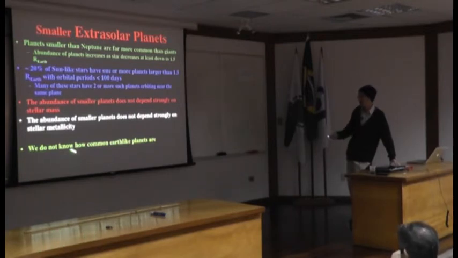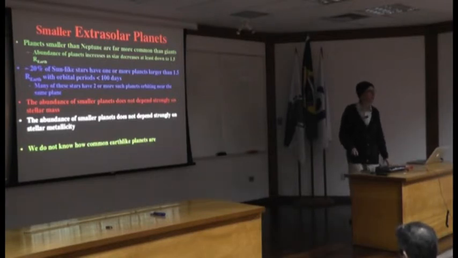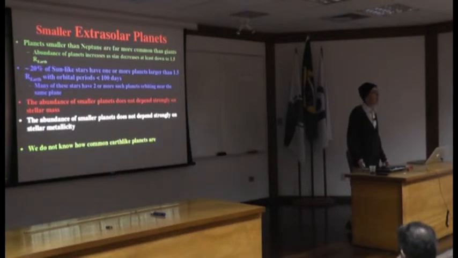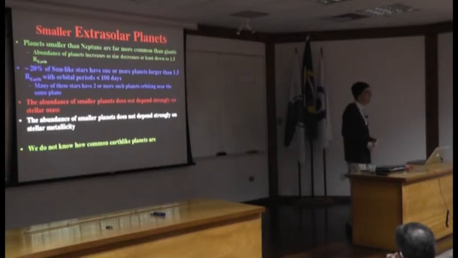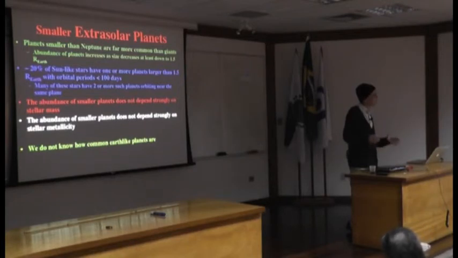We don't yet know how common Earth-like planets are. And this Eta Earth, the abundance of Earth-like planets, is all done by extrapolation. There's no direct data for sun-like stars. Planets of one Earth radius at about a 1 year period around a sun-like star, we don't have any.